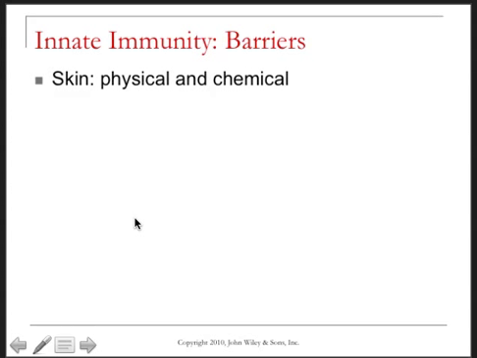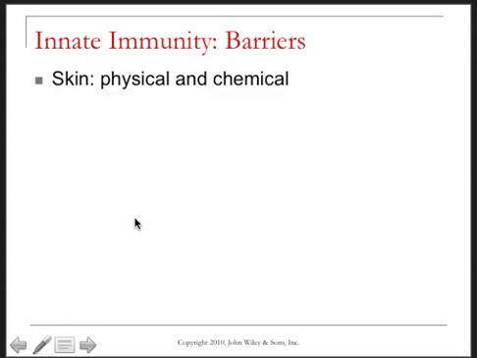Okay, let's talk a little bit about our nonspecific barriers. This is our innate immunity. This is our protection that is the same regardless of the type of attack that's being used to make the body sick. We don't care about the identity of the pathogen here. We use the same approach regardless of its category.